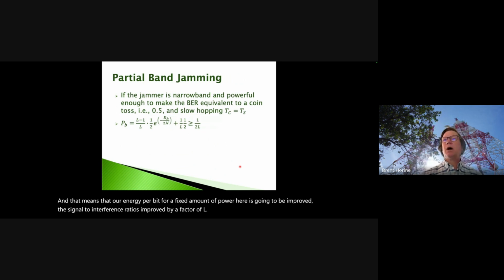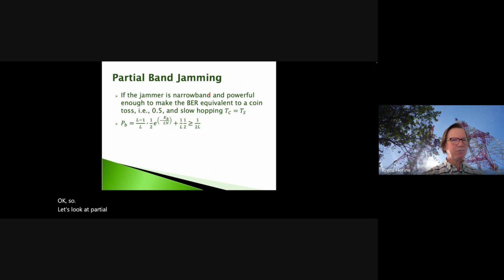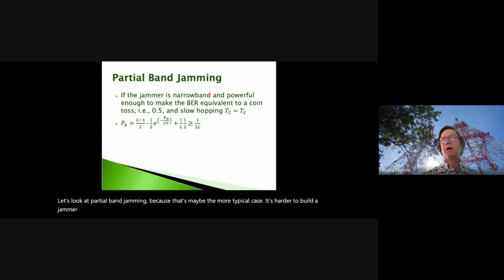Okay, so let's look at partial band jamming, because that's maybe the more typical case. It's harder to build a jammer that operates over wide bandwidth, so let's just transmit a cosine tone, right? So it's ideally a delta function, mathematically, but let's just emit a lot of power at a particular frequency.